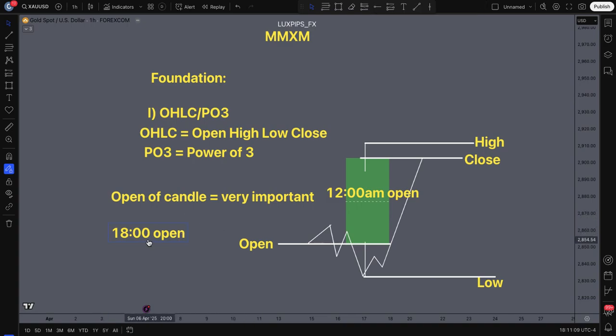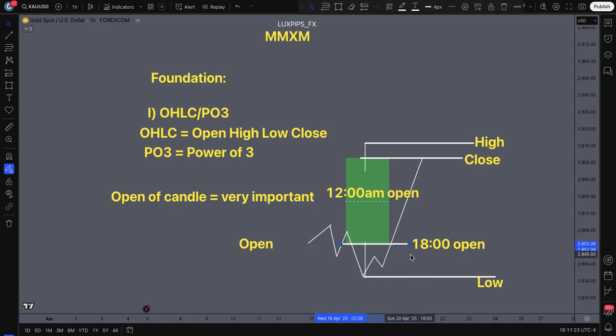It just means that, let's say that this is 18 o'clock, right? 18 o'clock open. This candle will have an 18 o'clock open, and you want to be buying under the 18 o'clock open candle, or just the time.